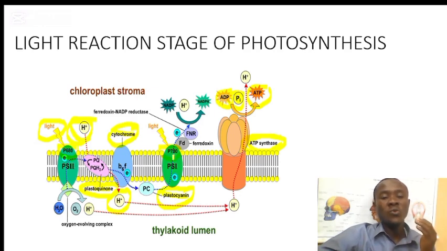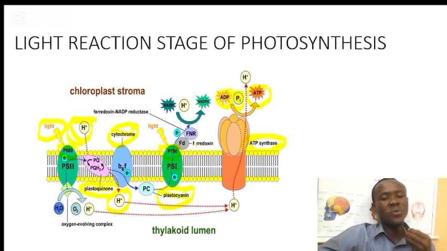Now, when this chlorophyll molecule in photosystem 1 absorbs the light energy, this electron, which has lost energy as it was moving through the electron transfer chain, may gain energy again. Now it may move to another carrier molecule which we call ferredoxin.